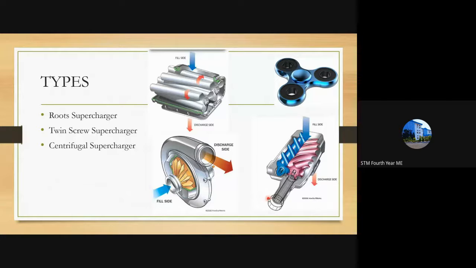Okay, this is how a centrifugal supercharger works. So it is using centrifugal force, so by rotation it provides centrifugal force and expels the air through this discharge side. So these are the three types of supercharger.